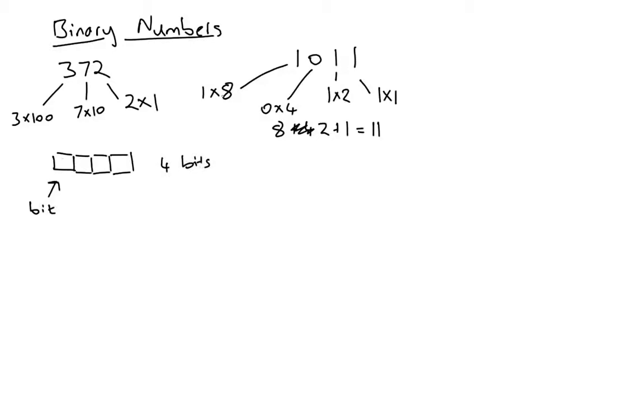To represent this number 1011, which is 11 in decimal, we could switch each bit on or off. Each bit has 2 possible states, which we could call on or off, or represent with 0 or 1. It doesn't matter really what we call it. So we could say this is on, this is off, this is on, this is on, and then we've represented the number 1011 in binary, which is 11. Hopefully I haven't lost you so far.